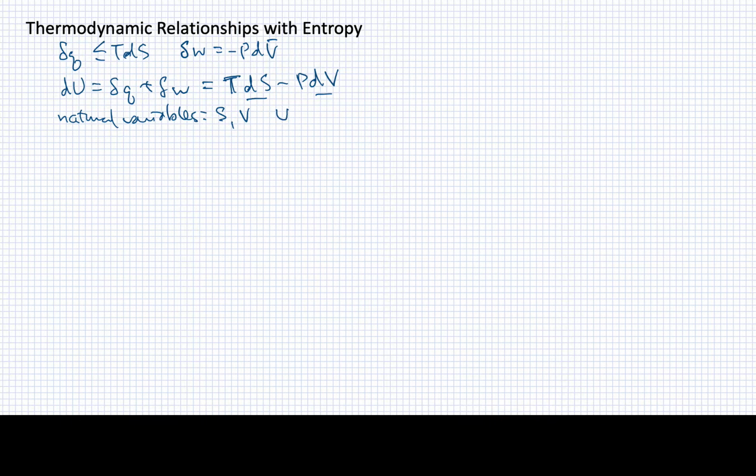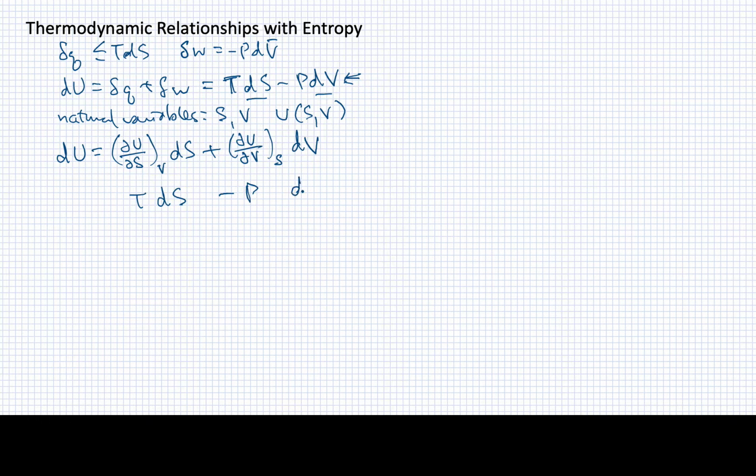So if I think of U as a natural function of entropy and volume, I can actually write a total differential for U. So this is a total differential that would be dU equals the partial of U with respect to entropy at constant volume dS plus the partial of U with respect to volume at constant S dV. But now I can relate that directly to the expression that I have here. It's equal to TdS minus P dV.